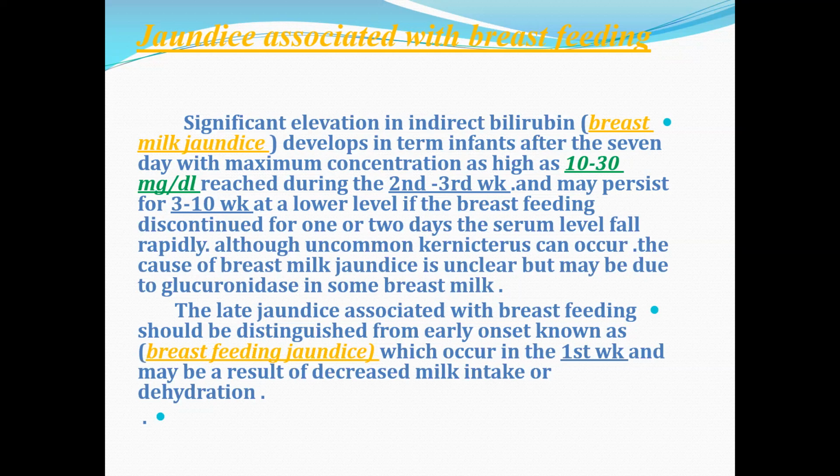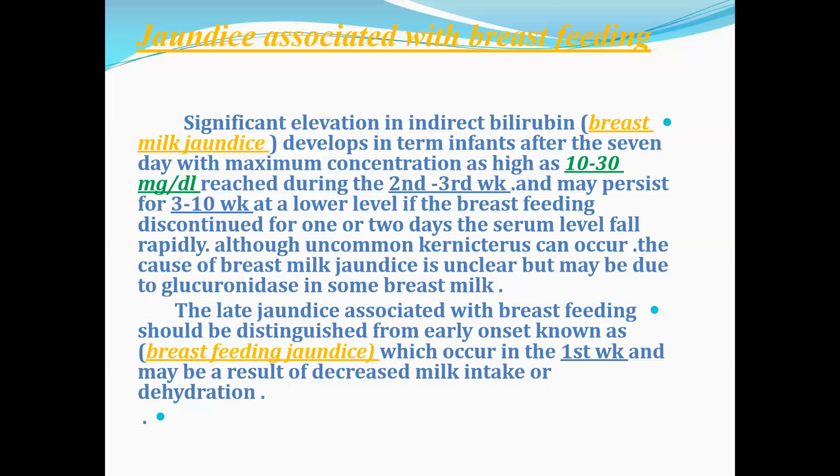If you want to reduce this type of jaundice, you can stop breastfeeding just for 2 days. The level will fall rapidly. Although uncommon, kernicterus in rare cases may follow this type of bilirubin.